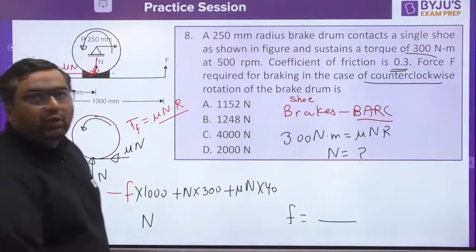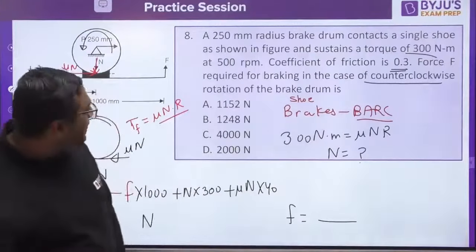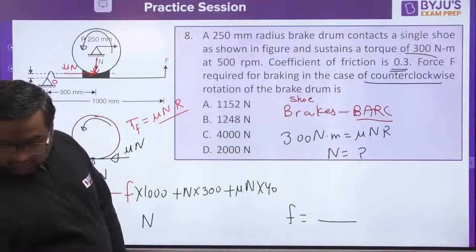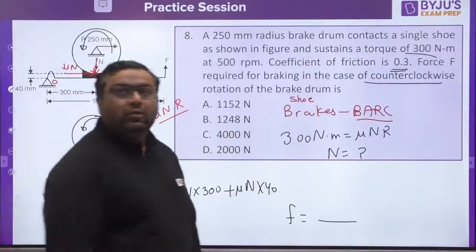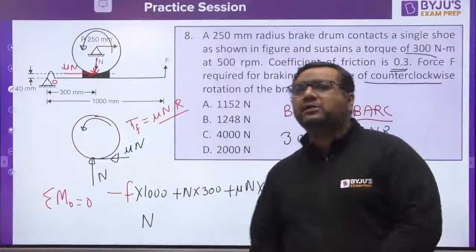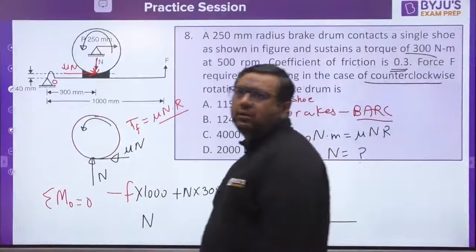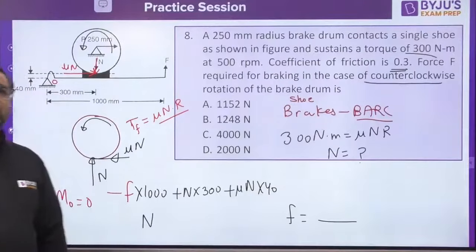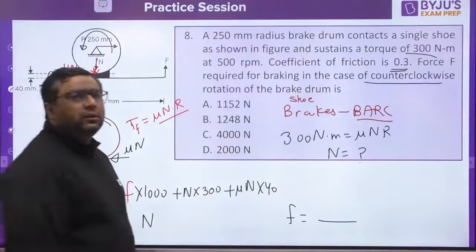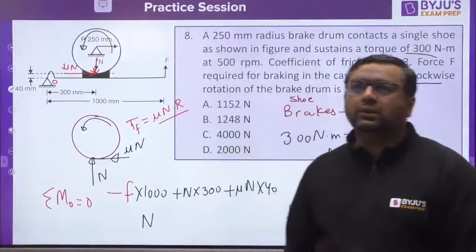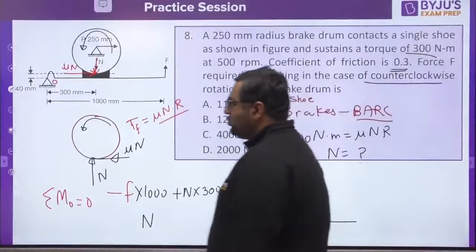Yes, Rohan. Okay, Rohan is saying A is the answer. Let me check it. Question number 8. What about others? Captain Raj, Loga Vignesh, and Kalpesh. Solve it and get the answer, guys.